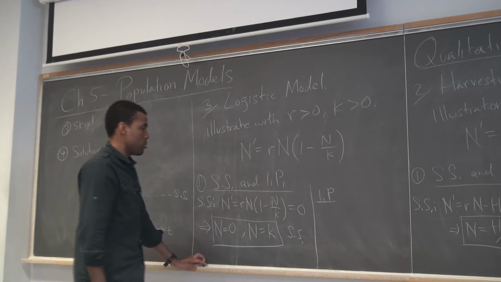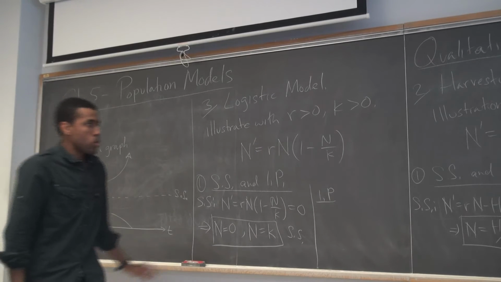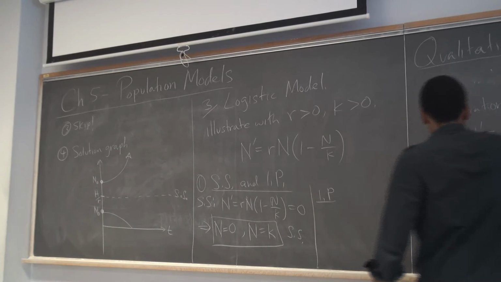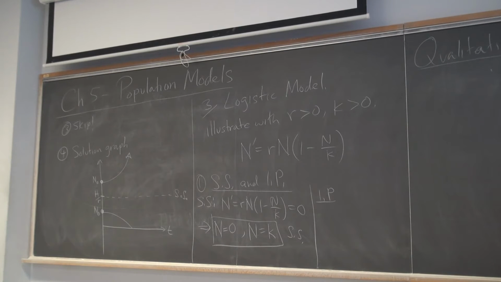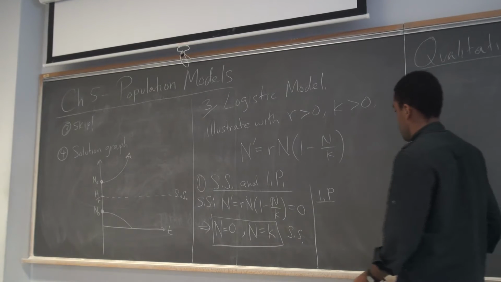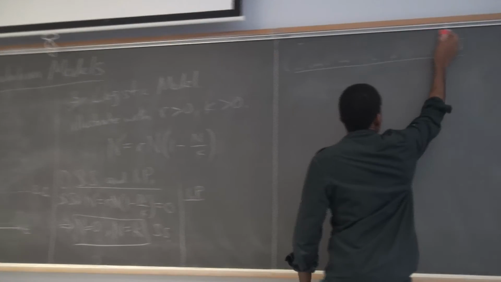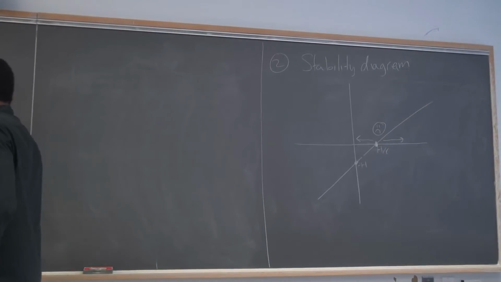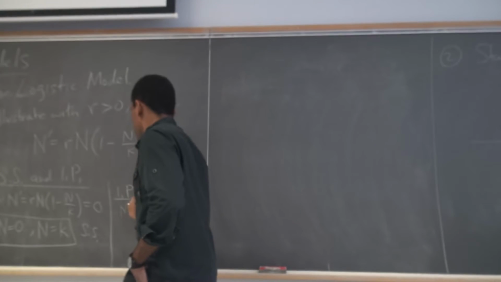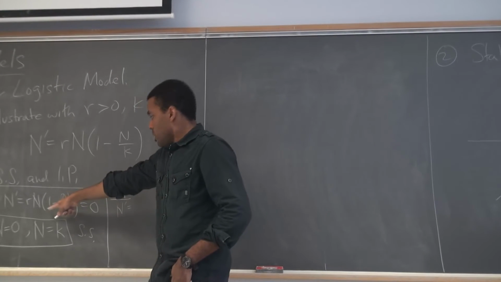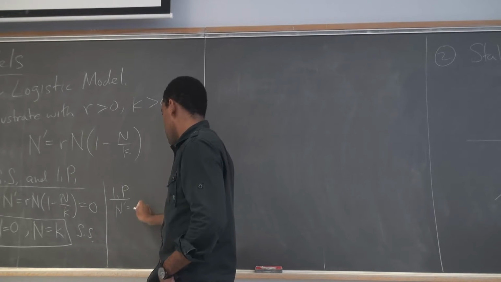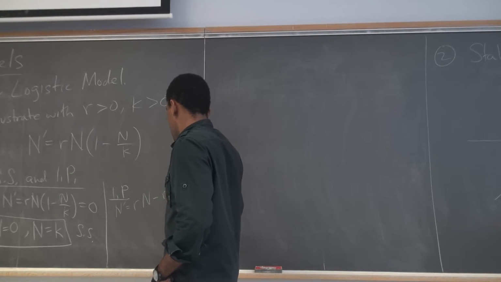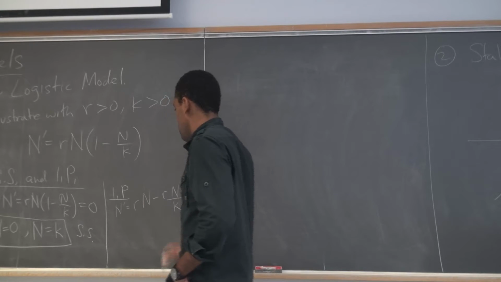What about inflection points? Well, I would need to take the second derivative. So n prime is equal to, you can take it with the product rule, but I probably want to multiply out Rn minus Rn squared over k.